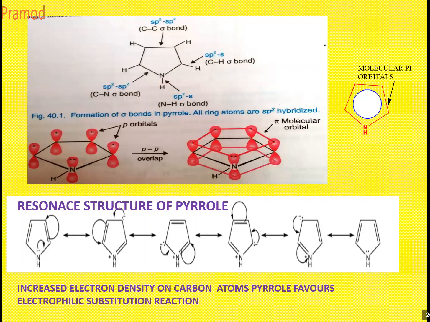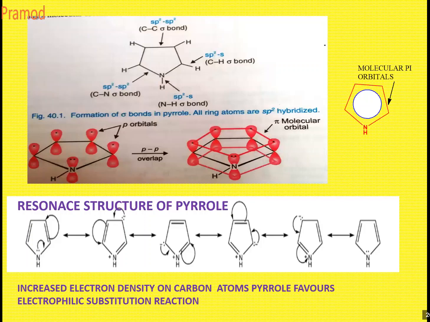The lone pair of electrons in your nitrogen is perpendicular to the plane of the sp2 hybridized nitrogen, and the electrons in the pi orbitals delocalize across the system. This is the reason why pyrrole is aromatic in nature.